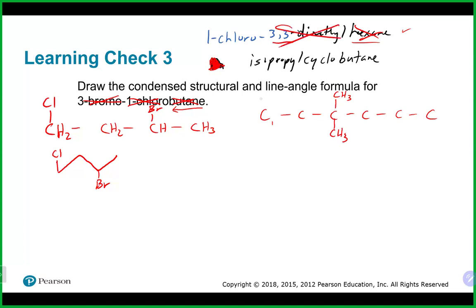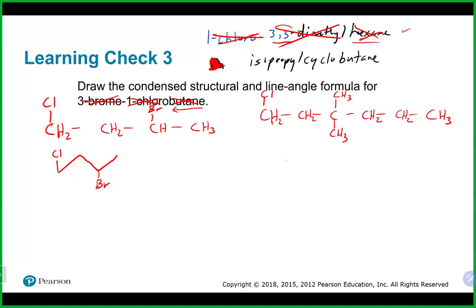I also have a chlorine at carbon number 1. At that point, I have nothing left to draw, so everything else should be hydrogens. So we'll go 3 there, 2 there, 2 there. The carbon right here needs none, as it has 4 lines coming in. The one next to it needs 2, and this one will need 2. Any questions on that one?